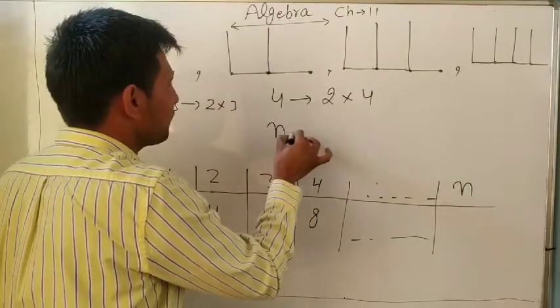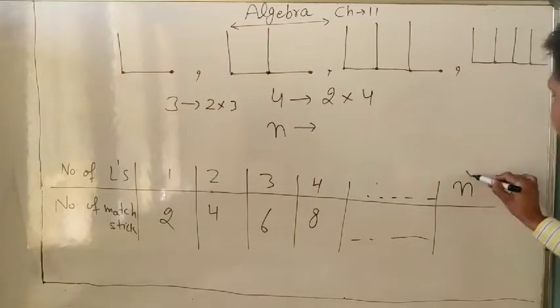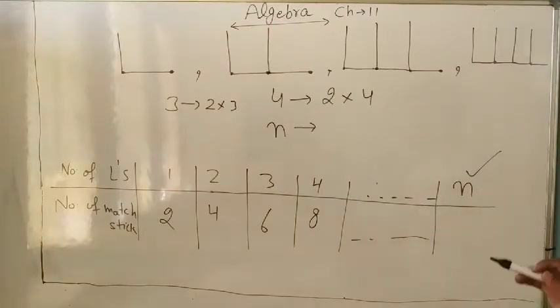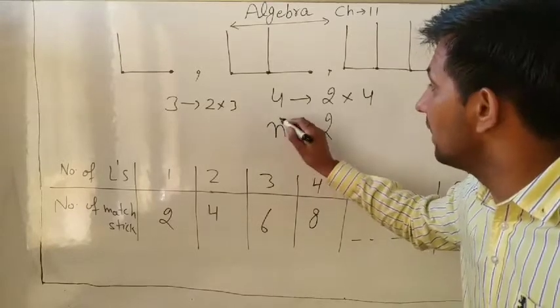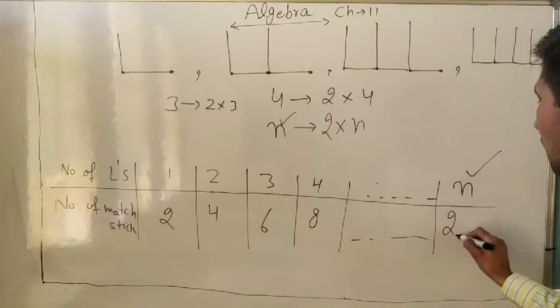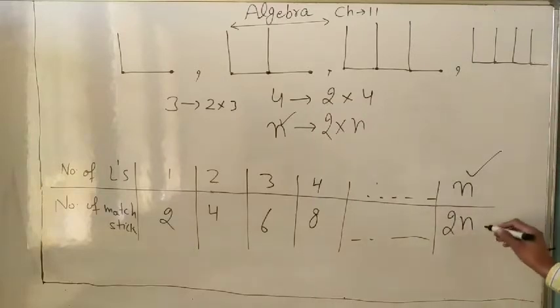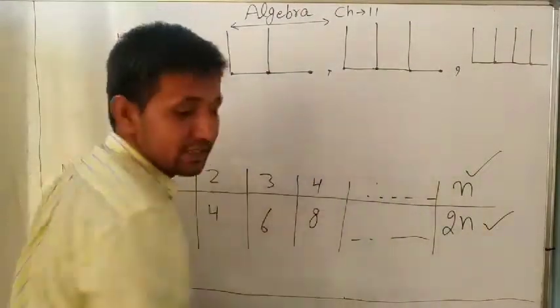Same as that, if I say the number of L's is N, how many matchsticks? 2 multiplied by the number of L's, N. So 2 into N, 2N matchsticks. Understand or not?